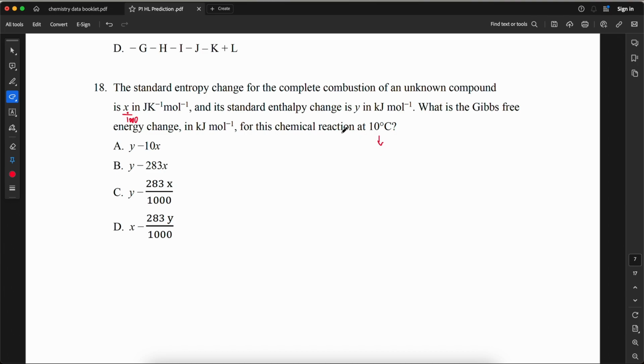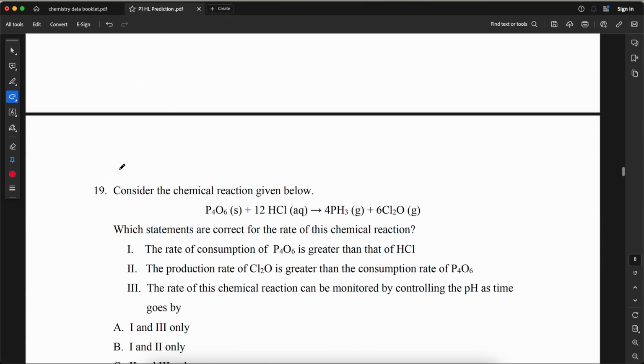And T should be 283 Kelvin. So delta G is delta H minus T delta S. So this is Y and this one is X. So the equation would be Y minus 283X divided by 1000. The answer is C.